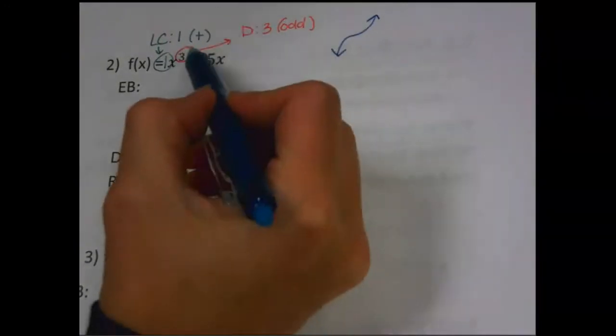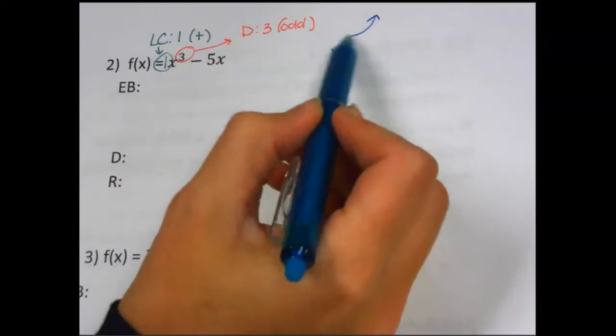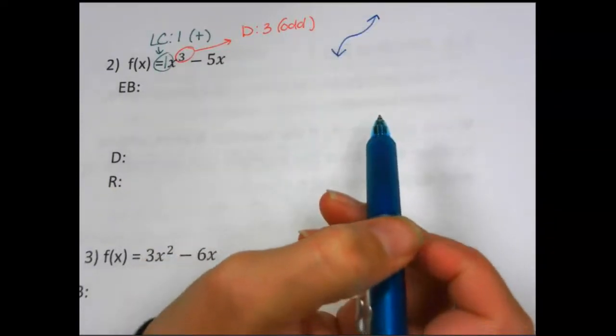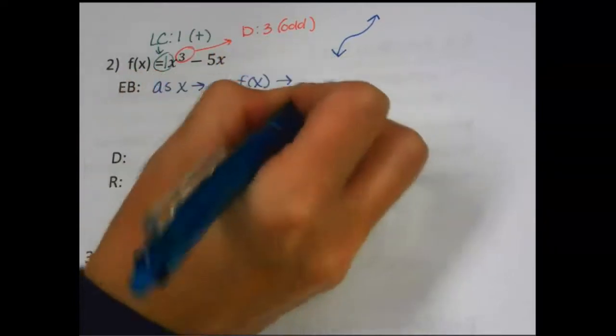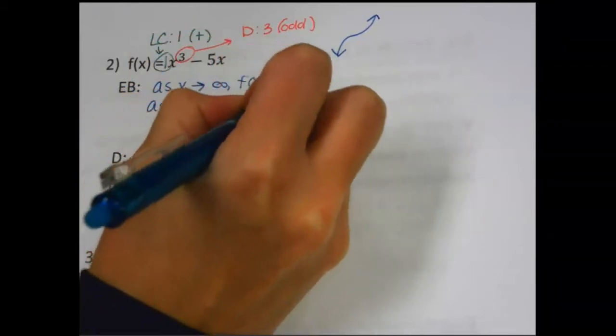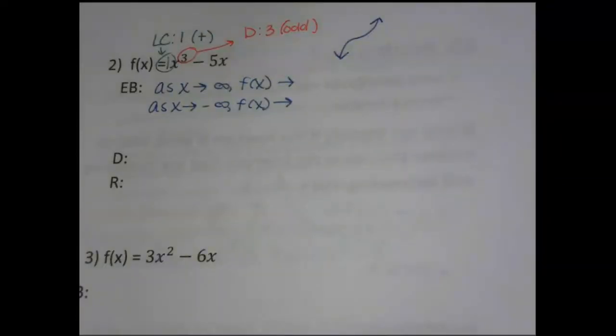So I always state the leading coefficient, state the degree, and then I sketch myself a graph of the general shape. So my end behavior, remember it always starts with, as x approaches infinity, f of x approaches blank, and as x approaches negative infinity, f of x approaches, and we have to fill in that blank. But those two parts will always be the same.